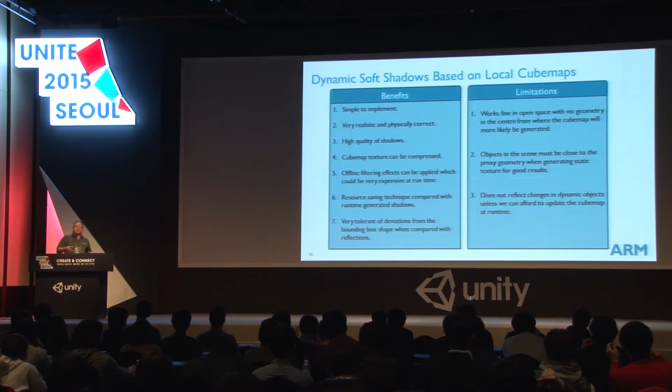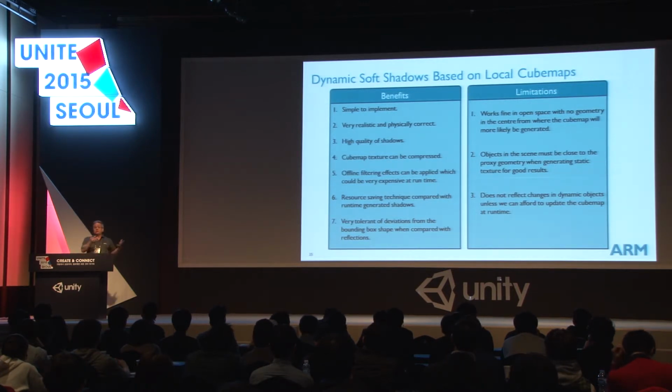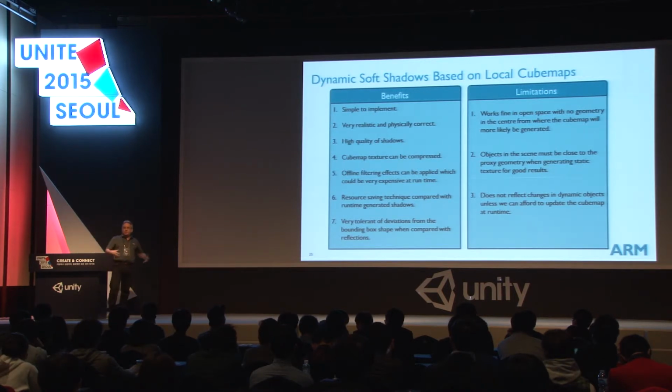But this point, the fact that the cube map is static, which we're treating as an advantage, is also a big disadvantage. Why? Because, as I said before for the case of reflections, when we are trying to render shadows using this local cube map technique, using a static cube map, we will not be able to render the shadows of objects which are changing their position.